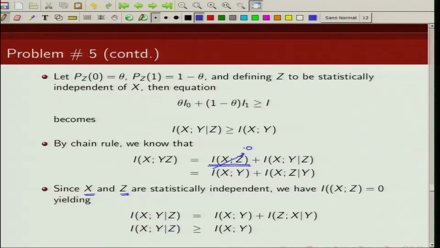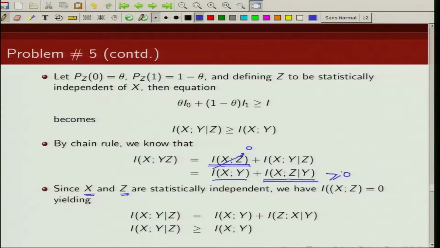So then what we get is mutual information between x and y given z is equal to mutual information between x and y plus mutual information between x and z given y, and we know that mutual information is greater than or equal to 0.